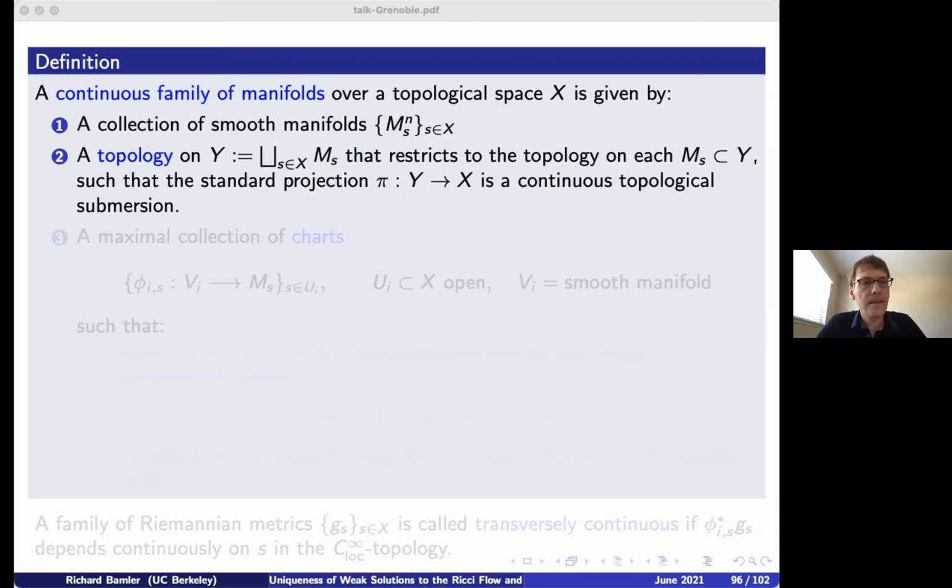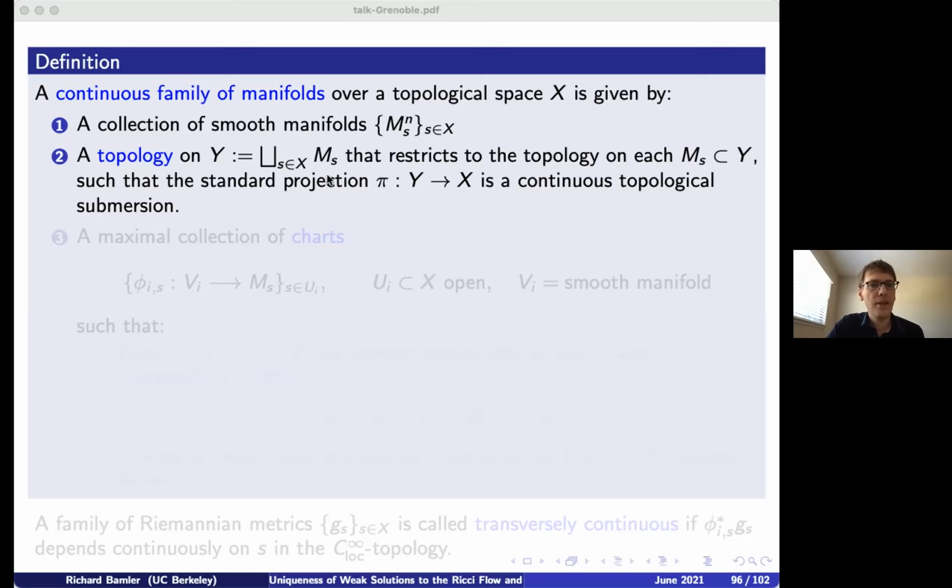Okay? So now I have some kind of sense of continuity, but what I would also like to do is express what smooth dependence means. What does dependence in the smooth topology mean if I vary S?